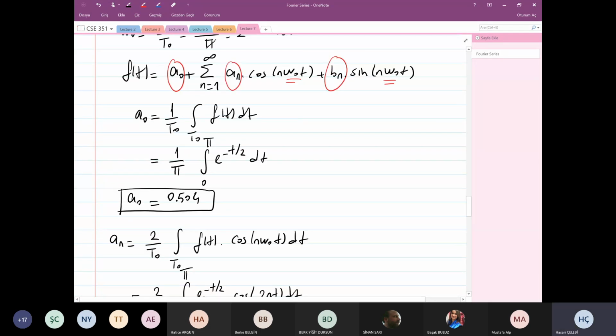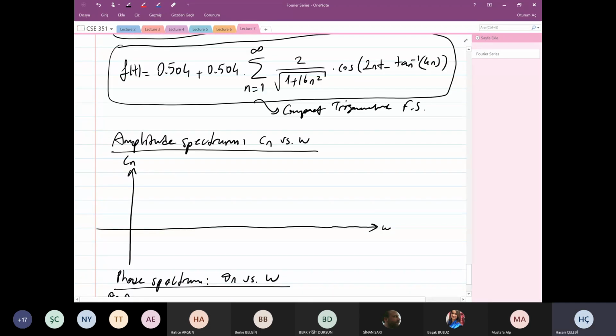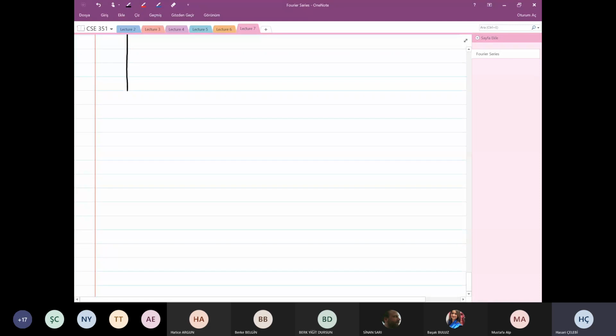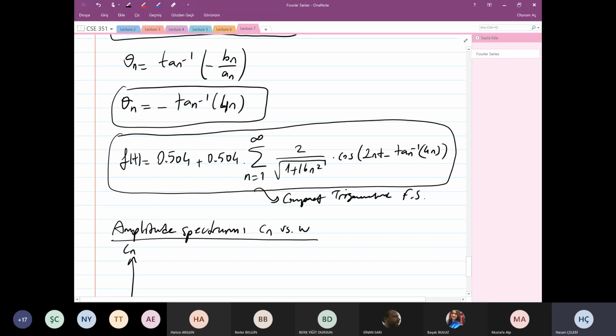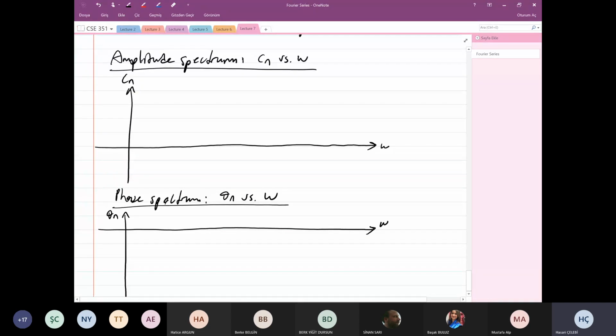Radians. When W is equal to 2, n is 1; 4, n is 2; n is equal to 3 times 2, 6; 4 times 2, 8; and then 10, and so on.